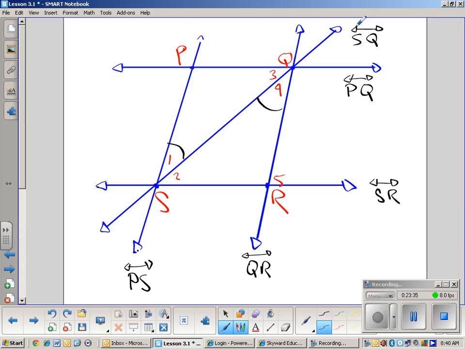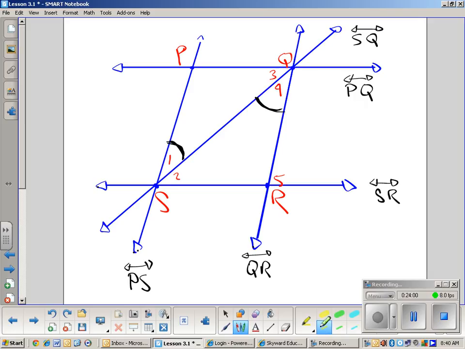Jackson, you ready to answer it for me? Looking at these two angles, angle 1 and angle 4, what two lines and what transversal do we have to use to make those two angles? Line QR, line PS, and line SQ. Good. Line QR, I'm going to get the highlighter out.